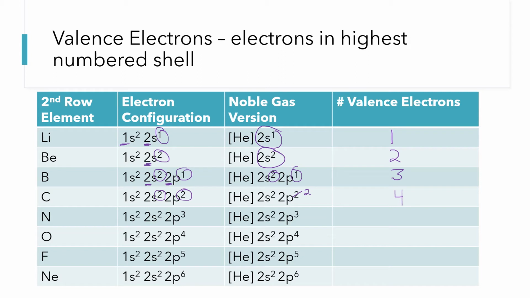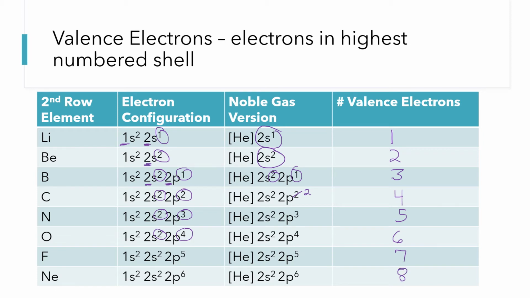For nitrogen, we have 2 s electrons and 3 p electrons, so 2 plus 3 is 5. For oxygen, we have 2 s electrons and 4 p electrons, so that will be 6. And hopefully y'all are seeing the pattern here. Fluorine has 7 and neon has 8.